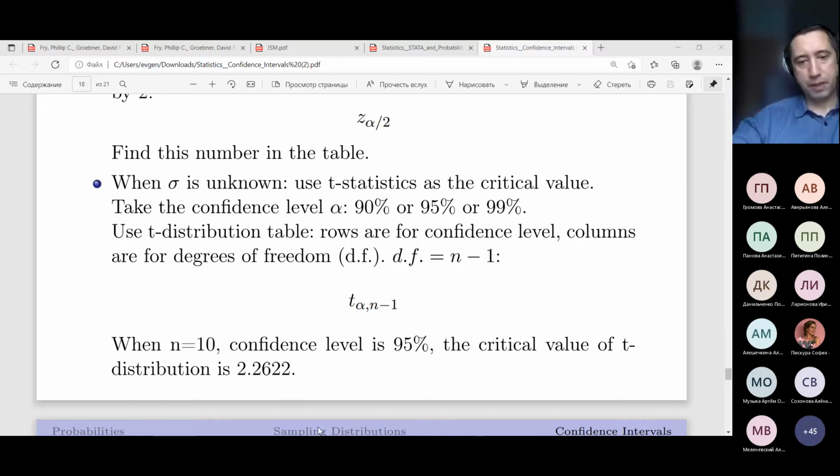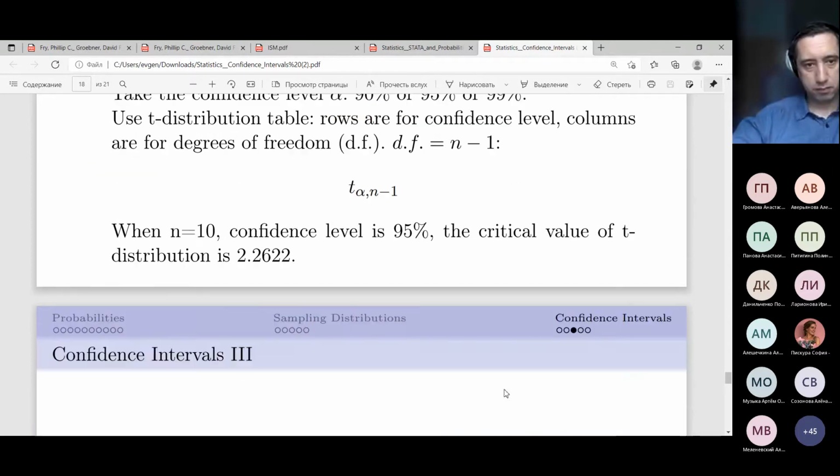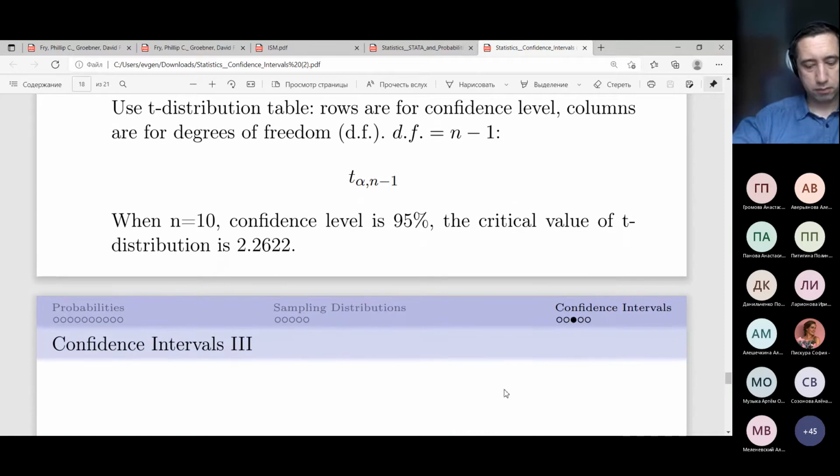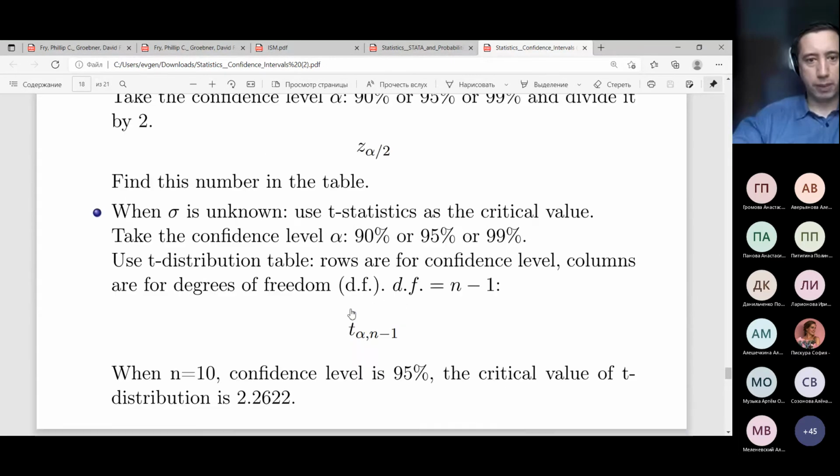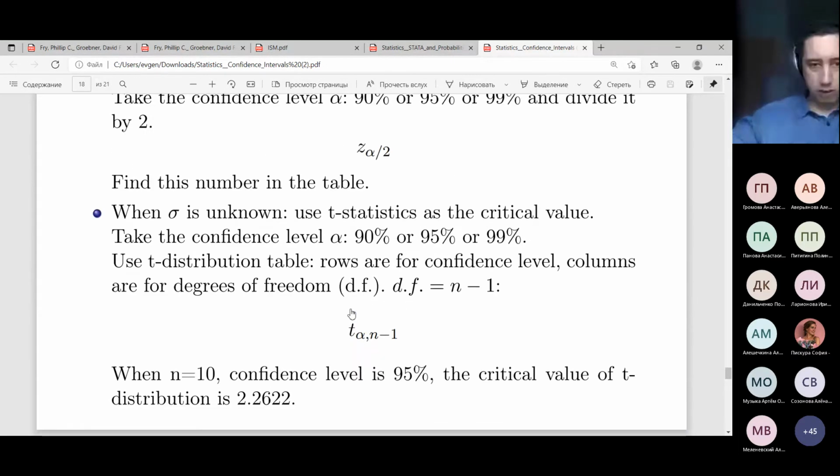Right, 9. Very good. Next, imagine that our confidence level is 95%. What is our alpha? Right, 0.05.